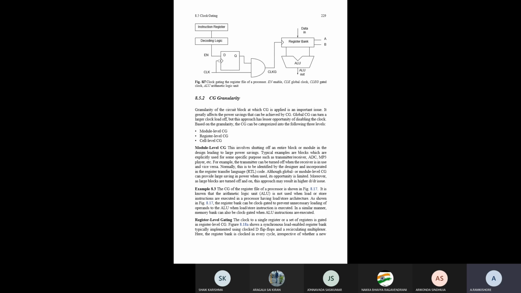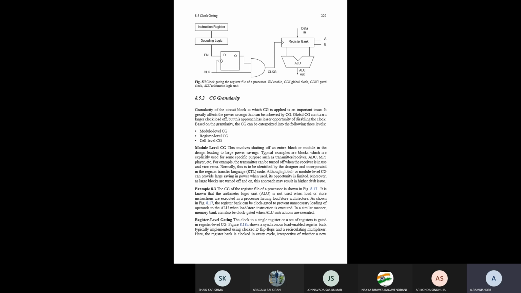Moreover, as the large blocks are turned on and off, this approach may result in problems. It is mainly used as a module level gated clock signal. For every individual block we have to give a clock gating signal to prevent more power dissipation.